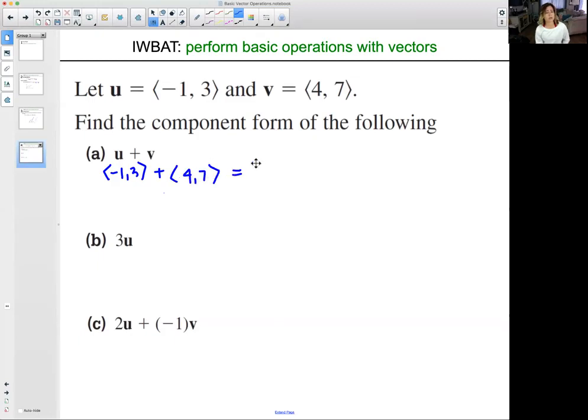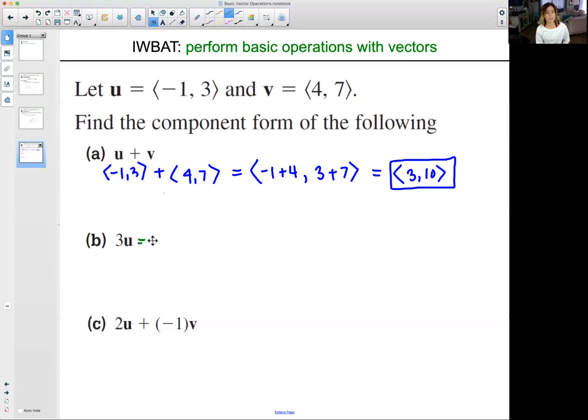And what you're going to do here is take the -1 plus 4, because you're going to take the two horizontal components and add them together. Then you're going to take the two vertical components, 3 and 7, and add those together to get your resultant vector of 3, 10 when you simplify. So remember, add horizontal to horizontal, vertical to vertical to get that resultant vector.